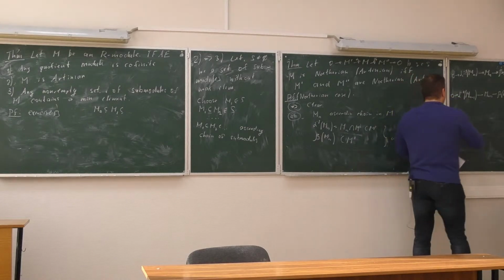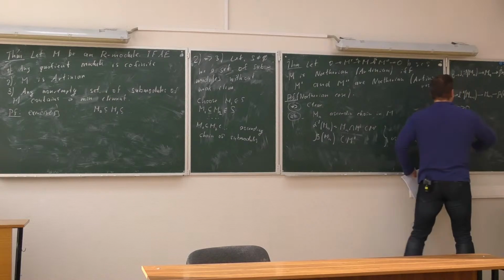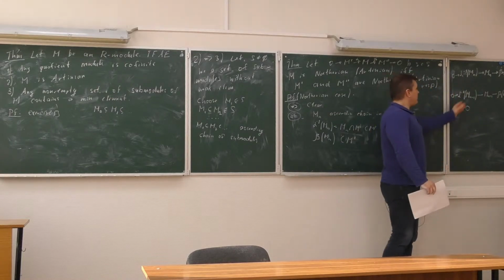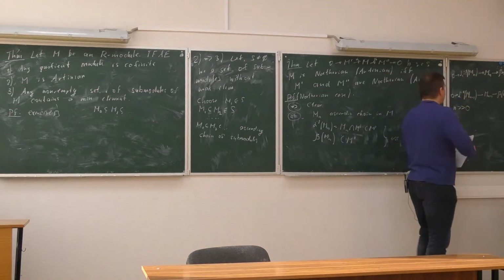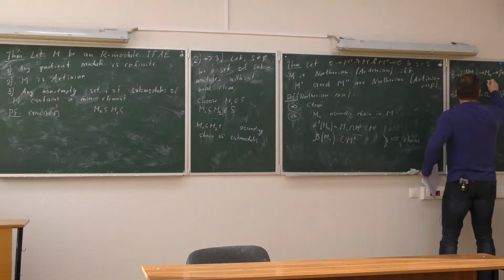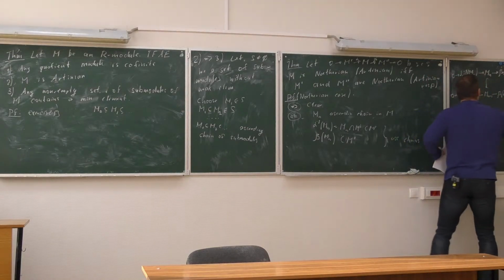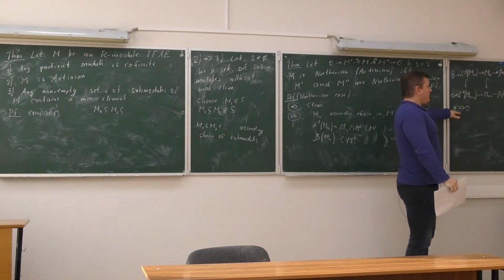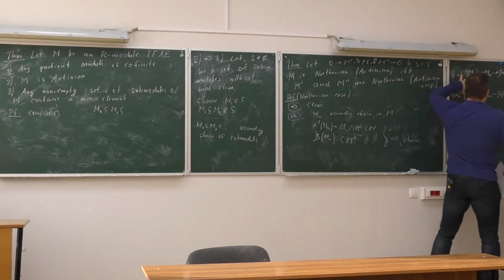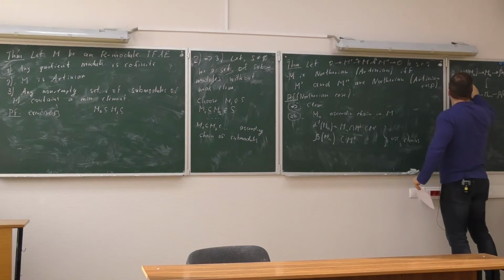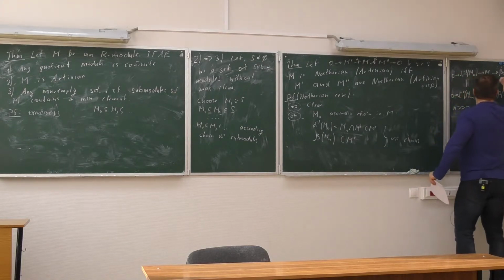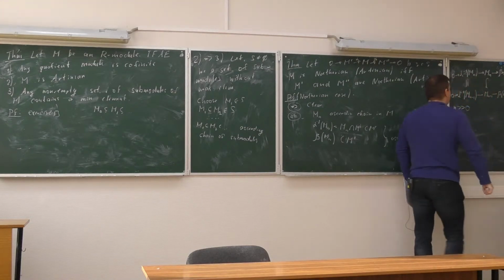Now, if I assume that n is sufficiently large, I know that there is a stabilization. In general, these things are embedded one into another, but for sufficiently large n, there is stabilization because M' is Noetherian, so they are equal. And the same is true for these two modules.